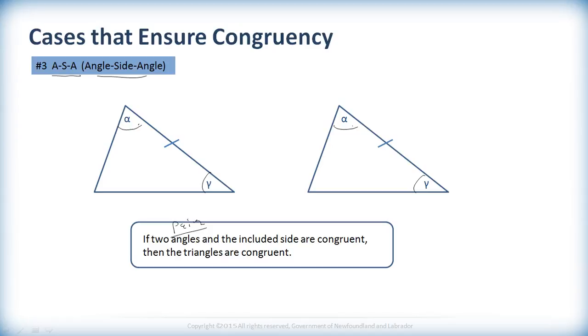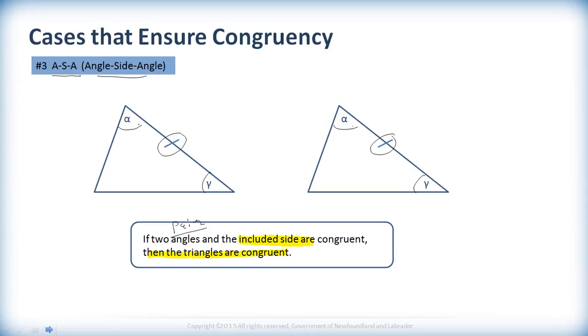So 2 pairs of congruent angles and the included side. It can't be just any random side. It has to be the side that's in between them. So if 2 pairs of angles and the included side are congruent, then we can use that to conclude that the triangles are congruent.